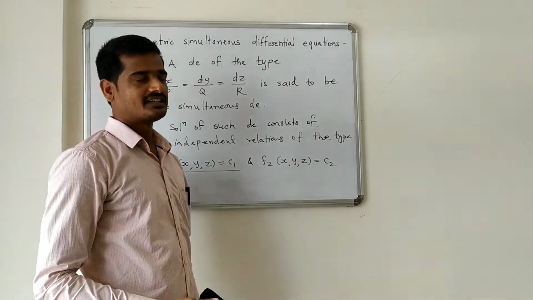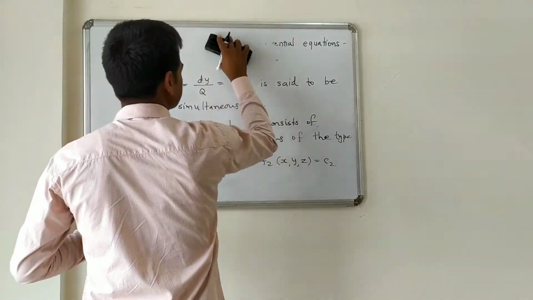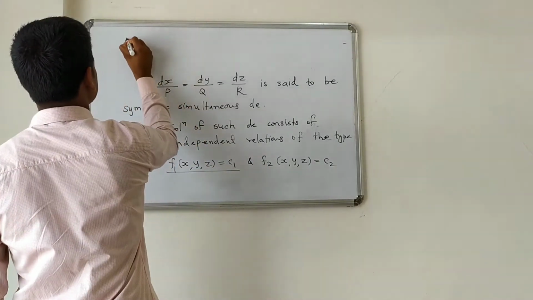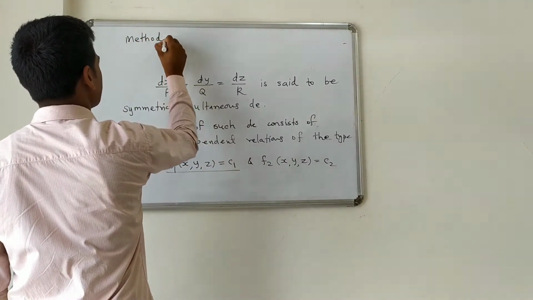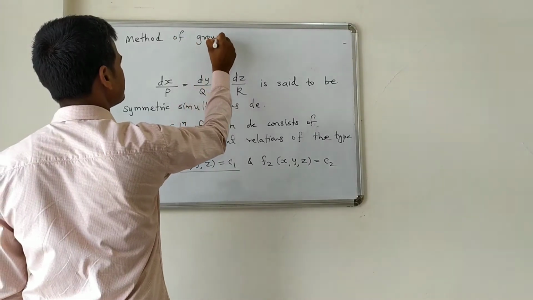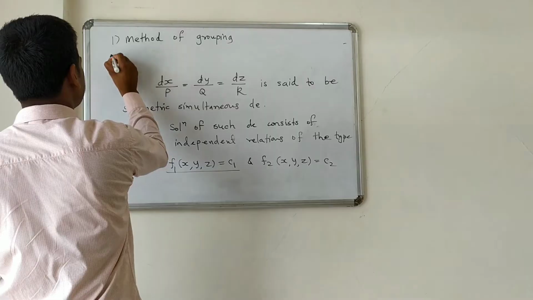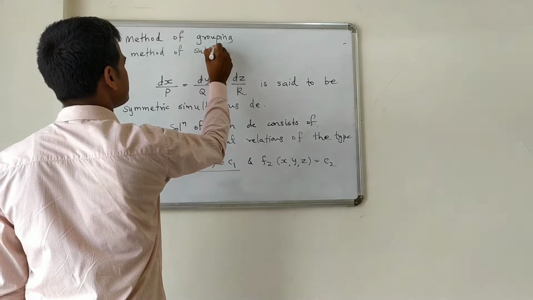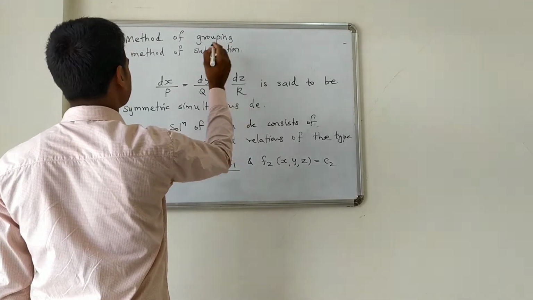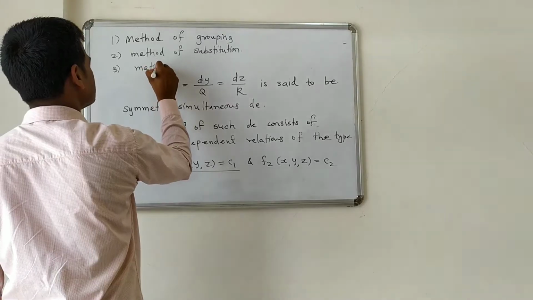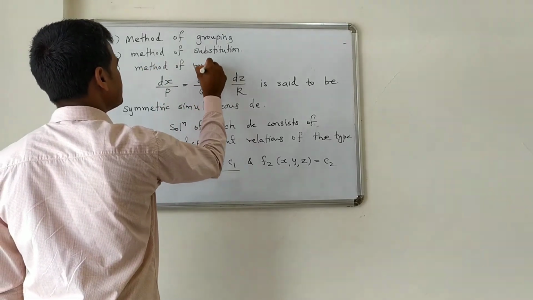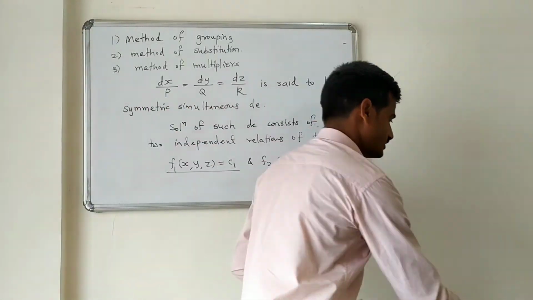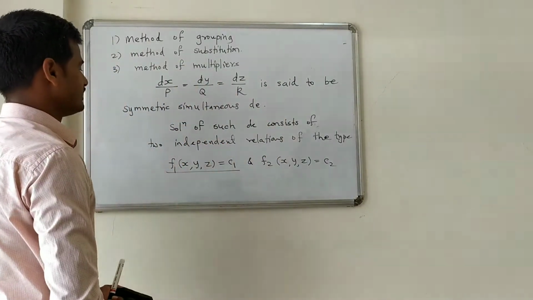There are basically three methods to obtain the relations between x, y, z. The first is the method of grouping, the second is the method of substitution, and the third is the method of multipliers.